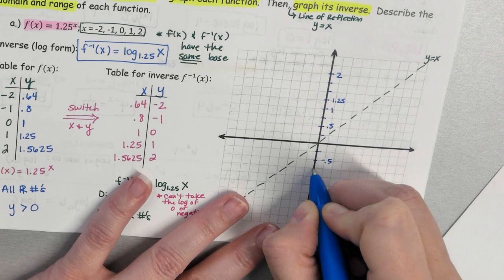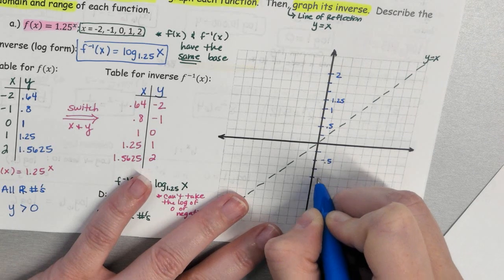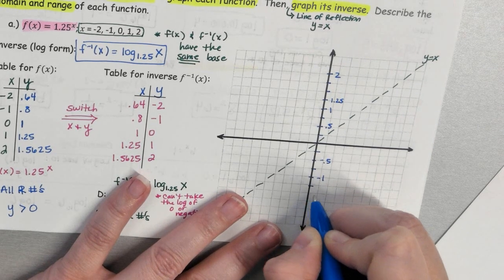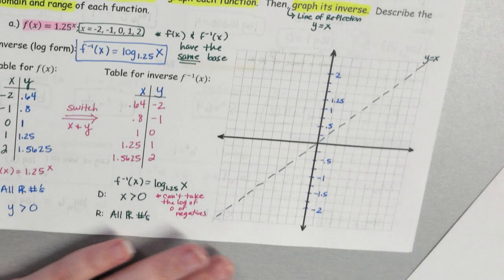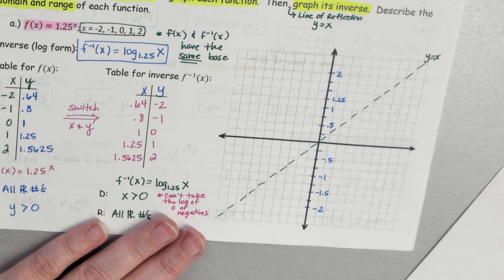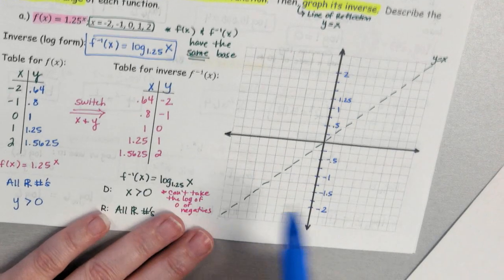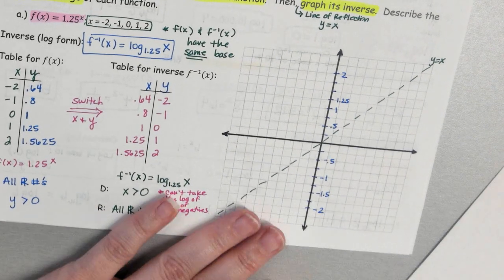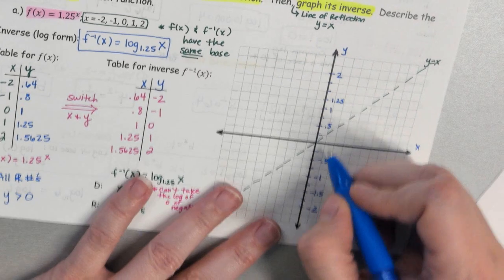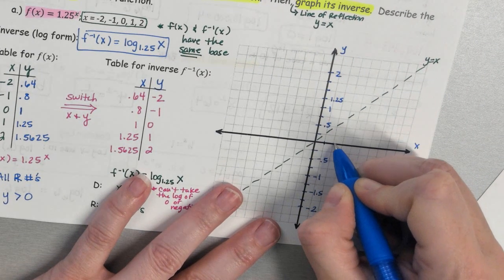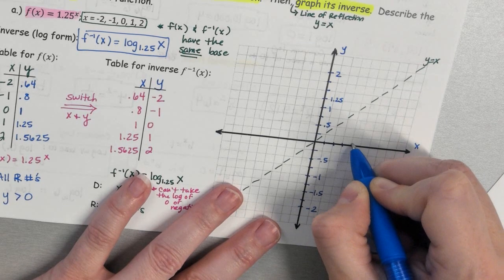So this is negative 1/2, 0.75, negative 1, negative 1.25, negative 1.5, negative 2. Okay, and then remember, the x and the y switch. So for ones like this, it is good to use the same scale on both. So 0.25, 0.5, 0.75.